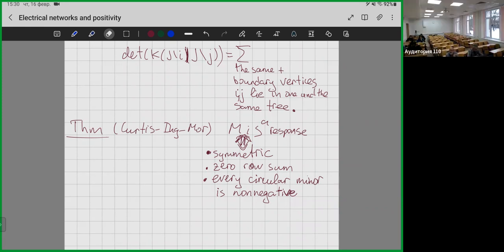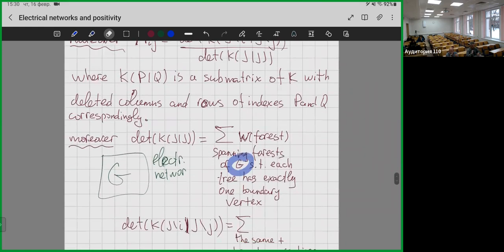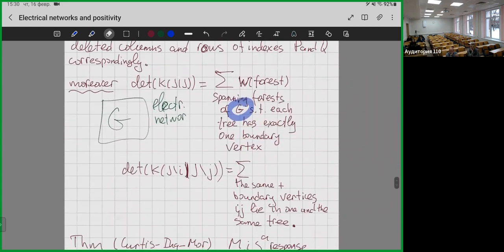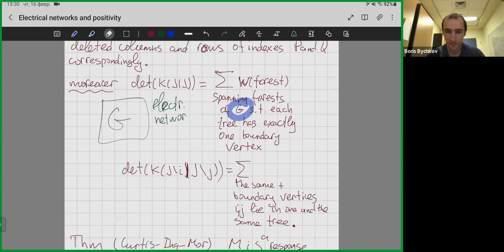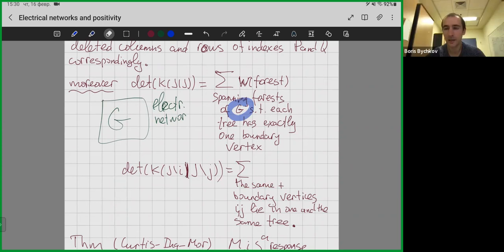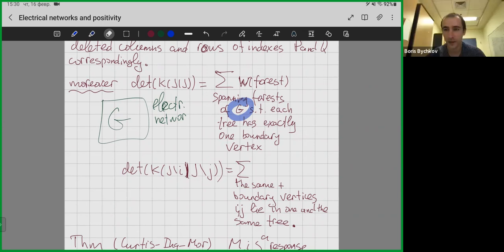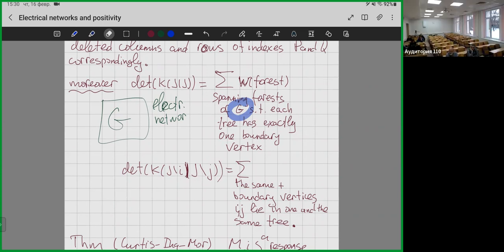Okay. In the previous statement, the summation is over spanning forests where the boundary vertices I and J lie in one tree, so it's not the same.